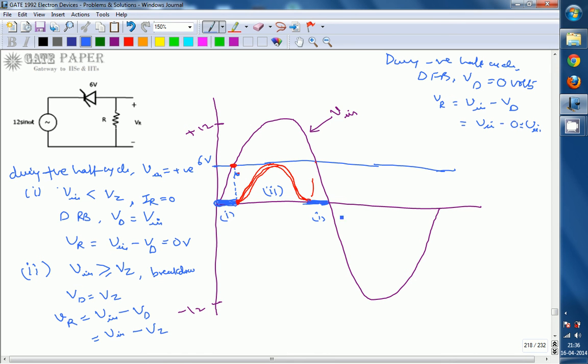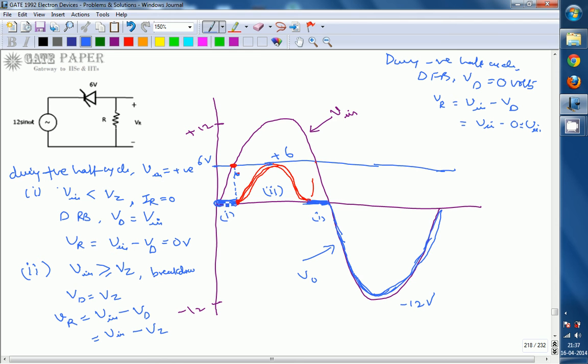The output is the same as the input voltage, so it follows this waveform. It goes towards minus 12 volts, whereas it goes to a maximum of plus 6 volts. So this is the output waveform.